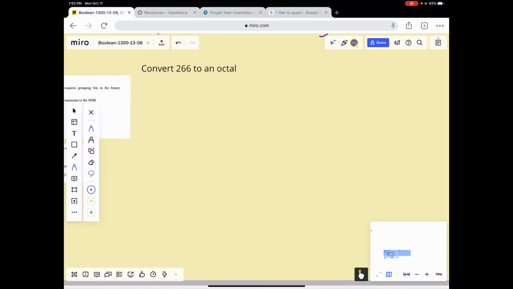We do the same problem like we did above, except this time we're going to use a calculator instead of doing it by hand. So you have 266, and you divide it by 8.